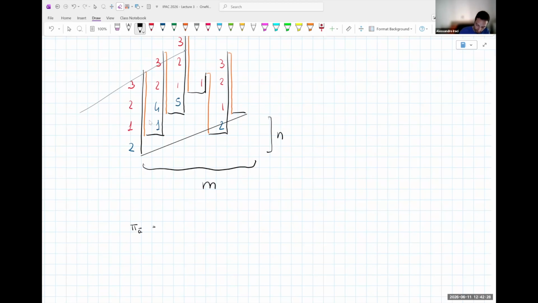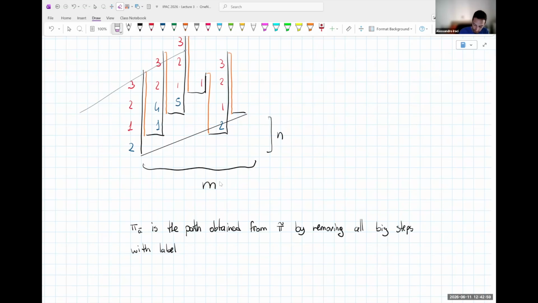It's the path obtained from phi tilde by removing all big steps in label strictly greater than a bar.